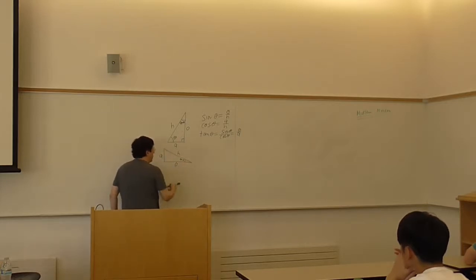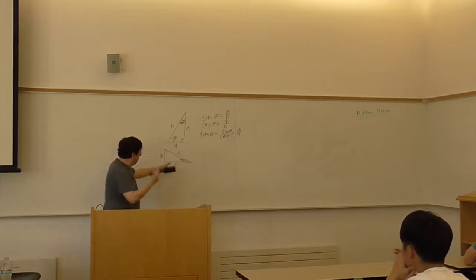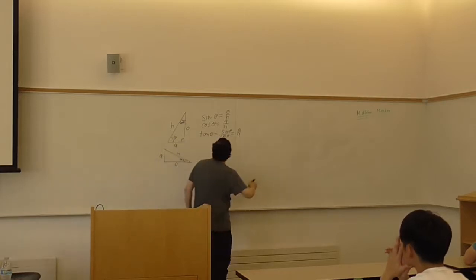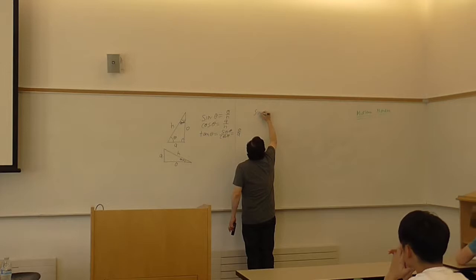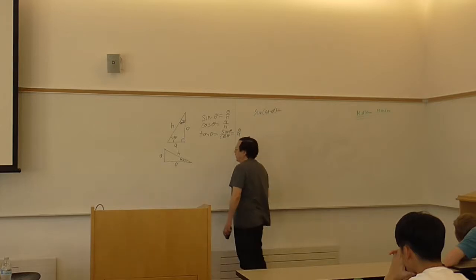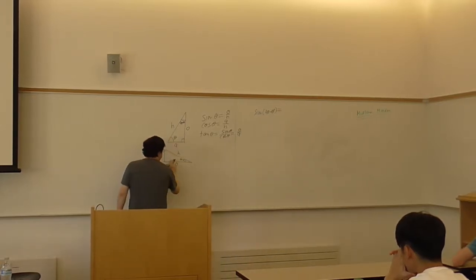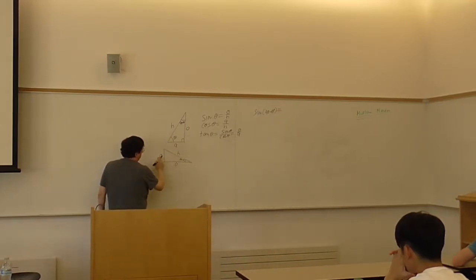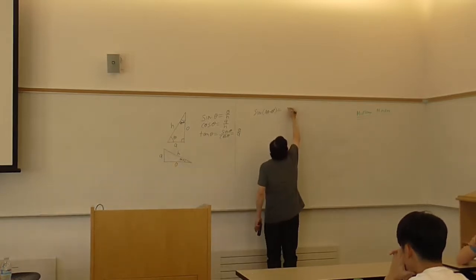And now, if I rewrite these functions in terms of this, I'm going to see that my sine of 90 minus theta is going to be what? It's going to be the opposite, but that's the A side. It's going to be A over H.